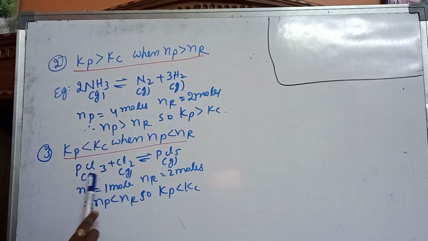Nr means number of moles of reactants present in gaseous state, so 1 mole plus 1 mole, totally 2 moles. From this we know that Np is less than Nr: Np 1 mole, Nr 2 moles. So Kp is less than Kc.